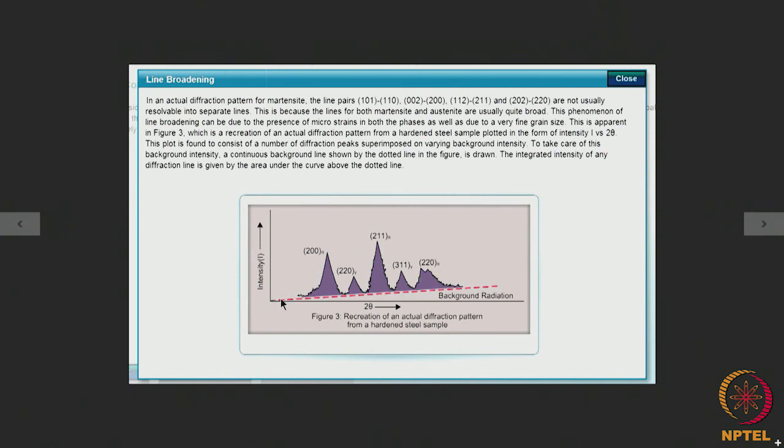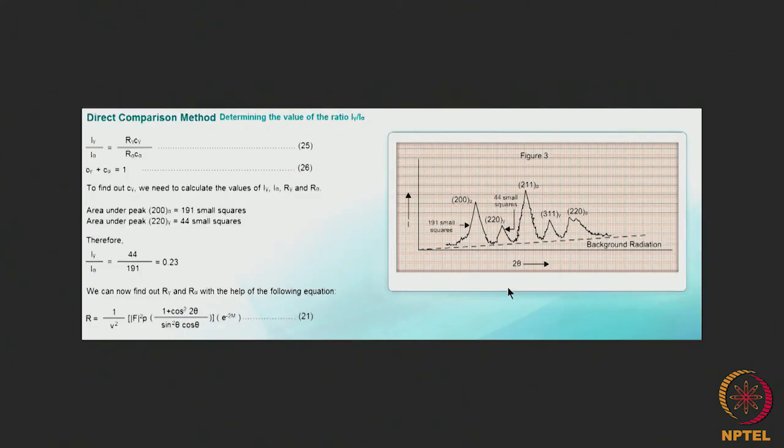Now, as we know, the background varies from 2 theta 0 to 2 theta 180 degrees, and the background goes up as 2 theta increases. Say this is the background radiation here. Now we are going to use the direct comparison method in order to determine the values of the volume fractions or the weight fractions of austenite and martensite in the hardened sample.